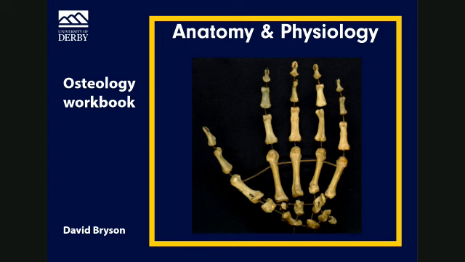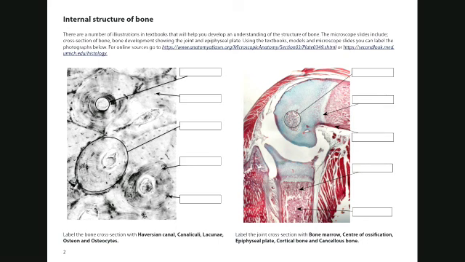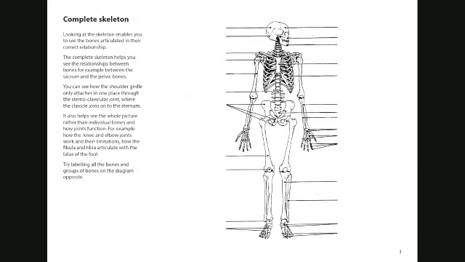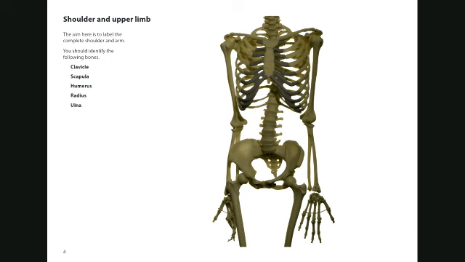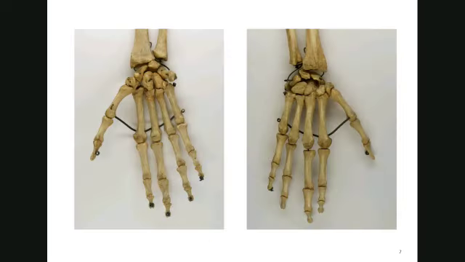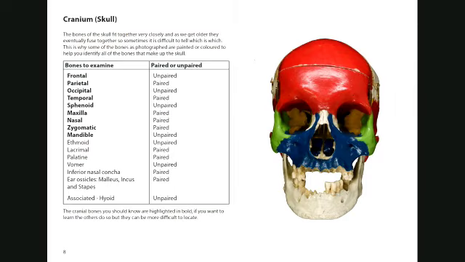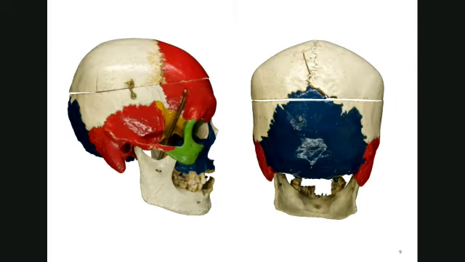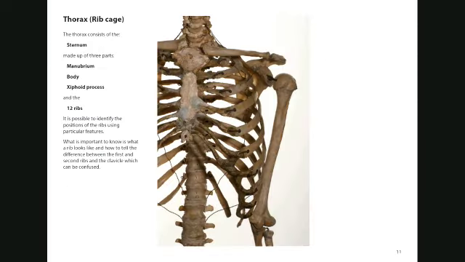The idea behind this one is literally a PDF that can be downloaded and printed out, and you can then label different things. Here they've got histology. Here we've got a joint that's developing. So different features to look at, using your textbooks. And it has labeling for the complete skeleton, shoulder and limbs. So there's a range of things you can do to label different parts of the body and different bones.